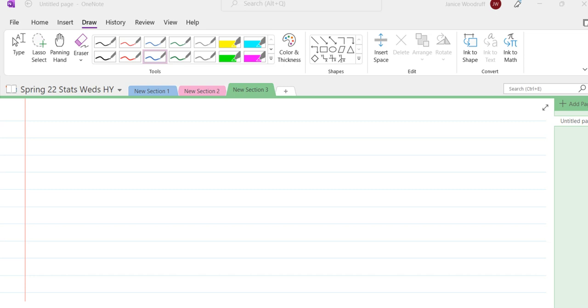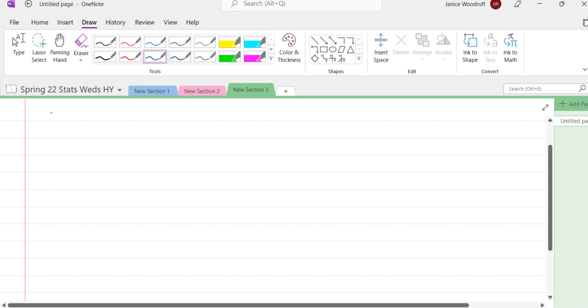All right, so I'm going to write my values out, and you can put them in order if you want. You do not have to. But I'm going to put my X values, and I'm just going to list them out.